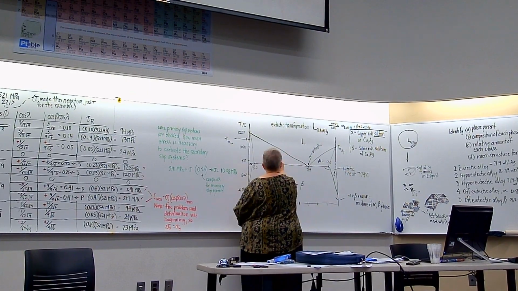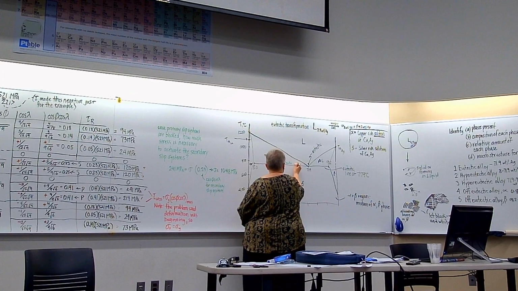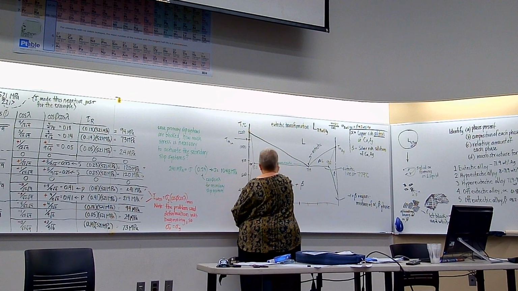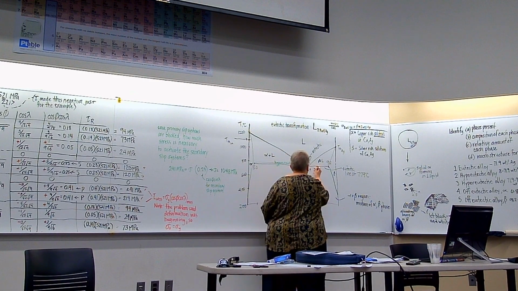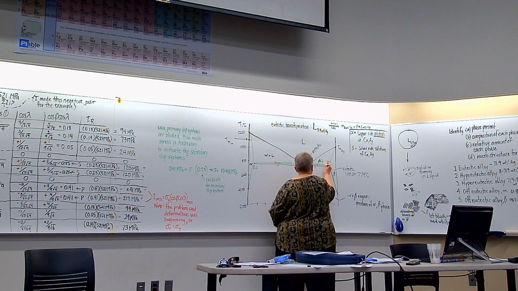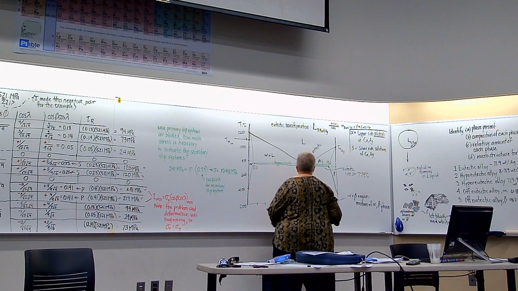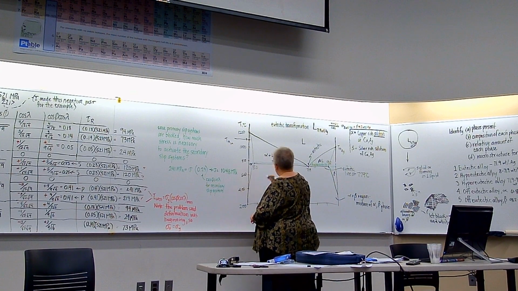This is the hypo. This is the hyper. And this is the off-eutectic beta and the off-eutectic alpha.